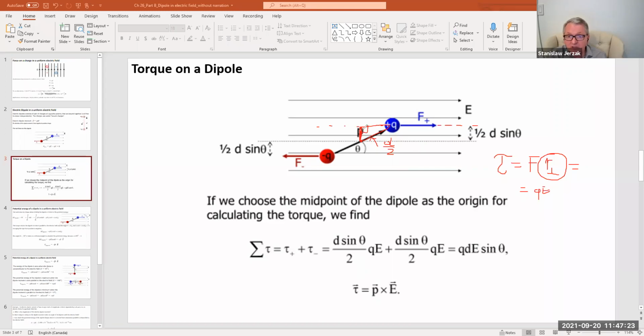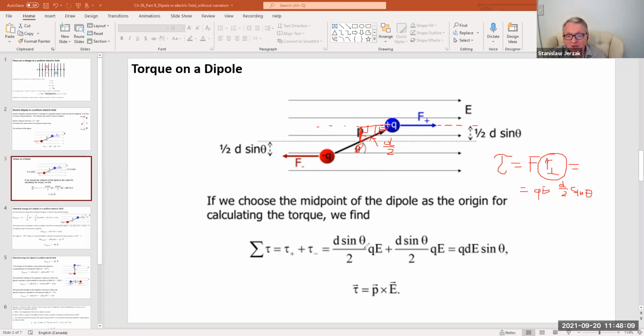And the moment arm, if this angle is theta, there's a little bit of complication. So I'm going to designate theta this angle for now. The moment arm then would be equal to the hypotenuse, which is d over 2, times sine theta.